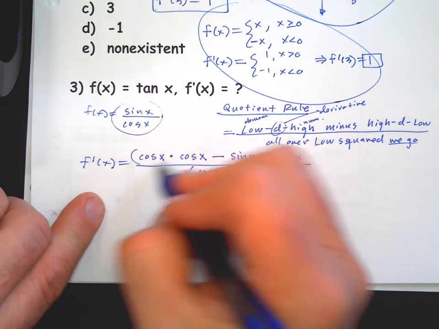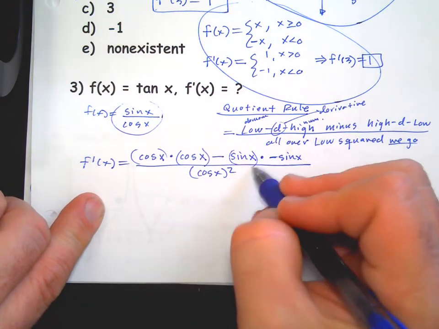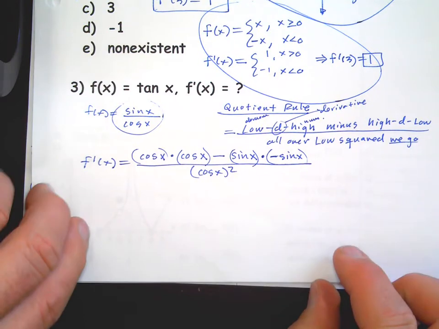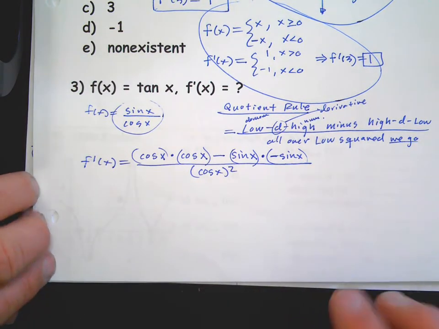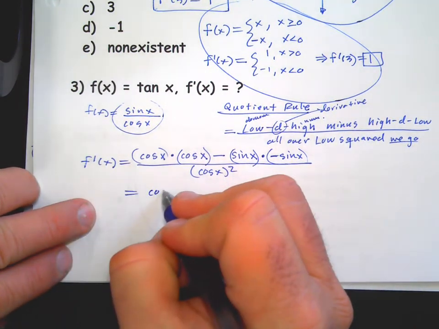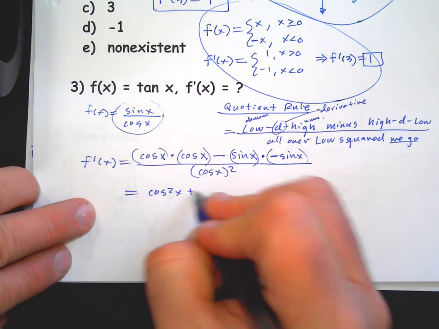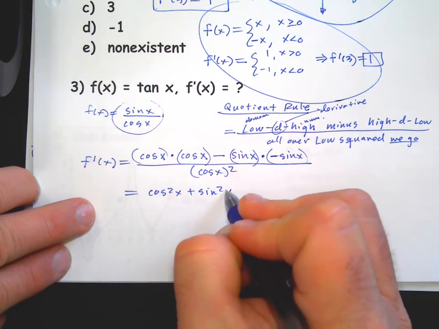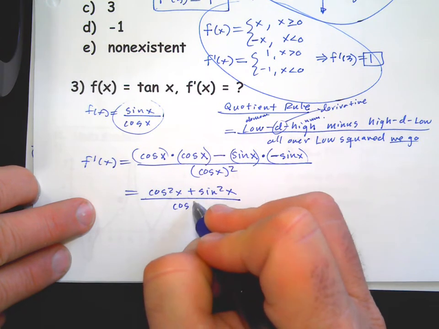I usually use a lot of parentheses on this because it's usually multiple terms and it's super easy to make little mistakes. Now, if we clean this up, it gives us cosine squared plus sine squared all over cosine squared.